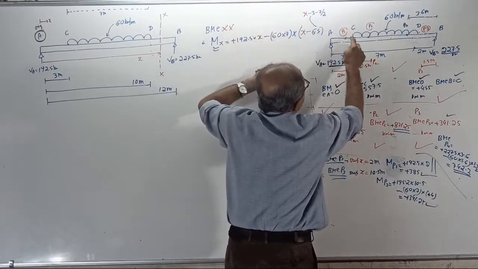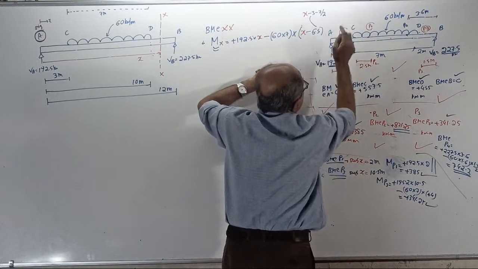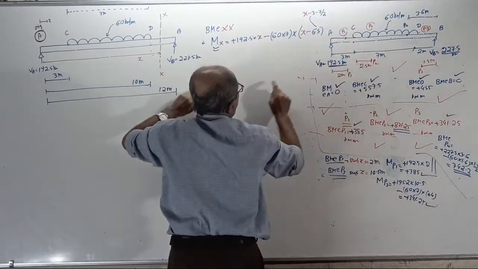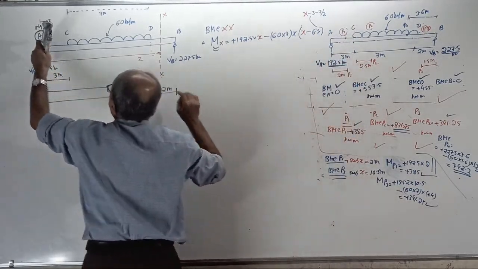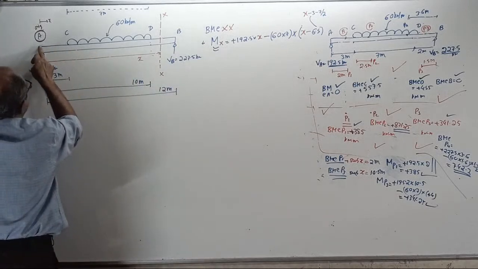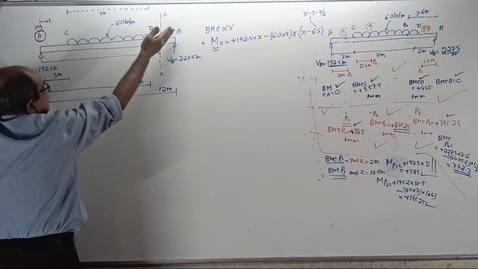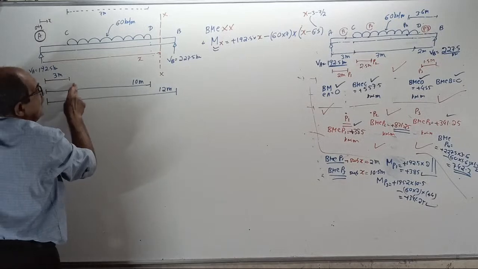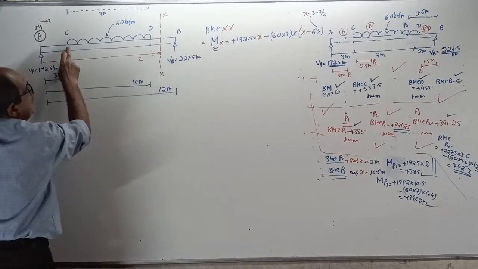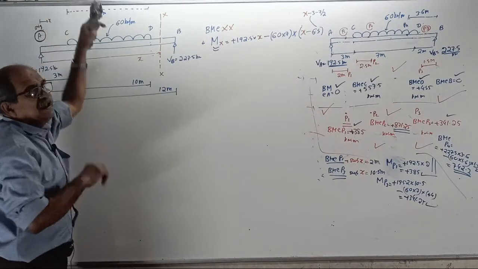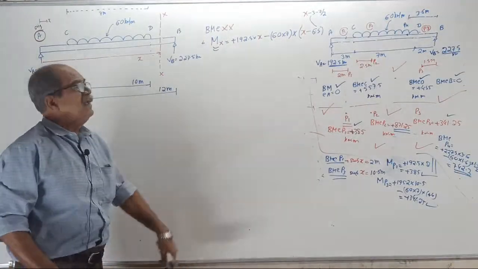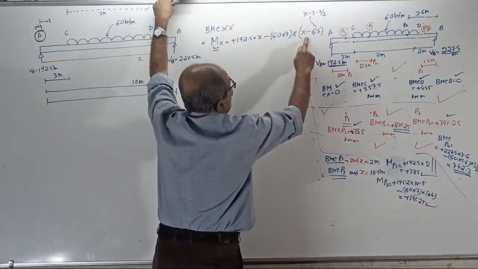If you take any point between these 2 points, your x cannot be more than 3 meter. If you find BM anywhere between A and C, your x should be within 3 meter or at the most 3 meter. If it is within 3 meter or at the most 3 meter, then this term is not considered.